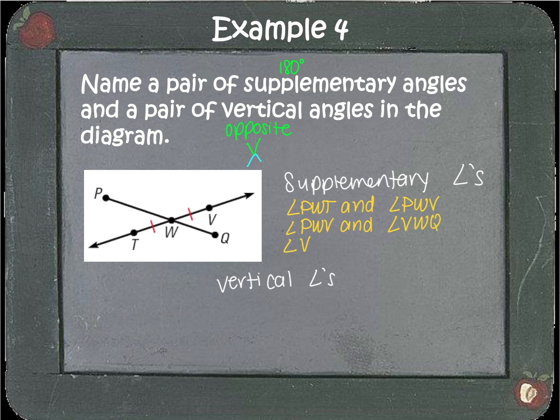You could have VWQ and angle QWT, or you could have also had angle QWT and angle TWP. Again, you could have flipped these. Keep in mind those W's are my vertex. And your vertex must be in the middle.